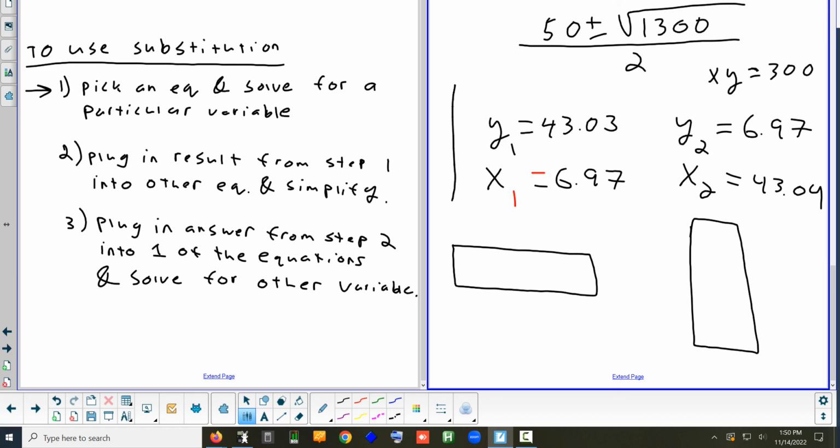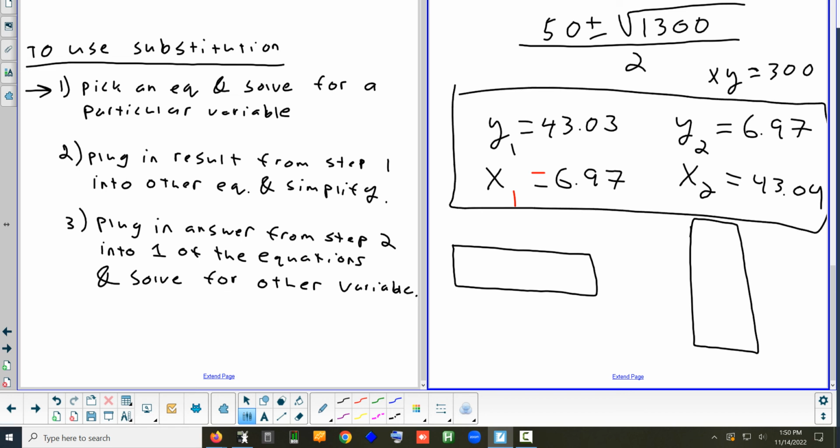And those are your 2 answers. Any question on that? Usually it doesn't end up being quadratic, but it can happen, especially in a word problem involving a rectangle. But I think that's the only rectangle word problem that we're going to do that's quadratic.